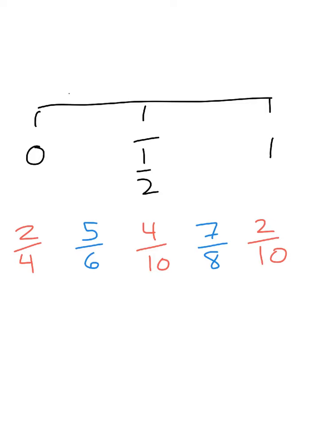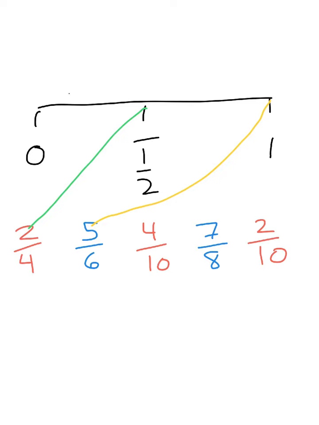All right, let's look at 2/4. I know that 2 is half of 4, therefore 2/4 is going to be closest to 1/2. Now let's look at 5/6. I know that since 6/6 is a whole, then 5/6 is going to be closer to 1 than it is going to be to 0 or 1/2.